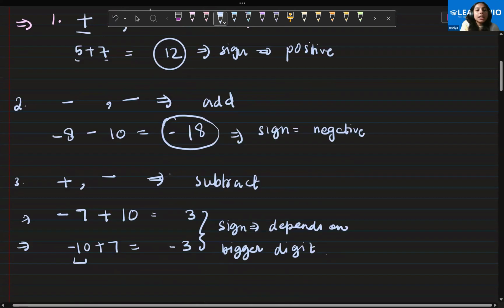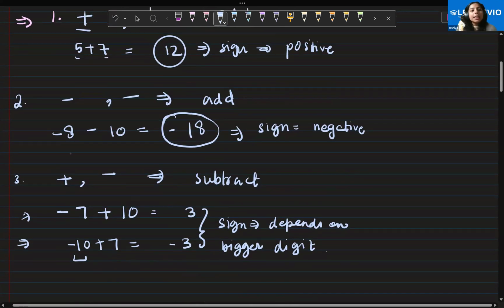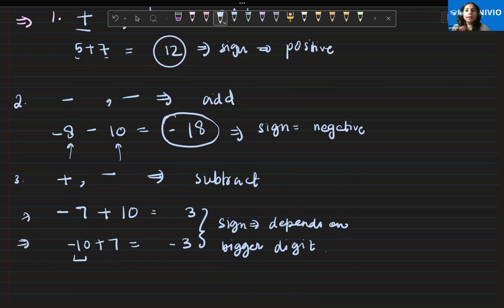Now let's say both the integers are negative. In this case, it's -8 and -10. So again, we will add. Whenever there are same signs, we add. Whether it's two positive signs or two negative signs, we add. Yes, it's like plus, plus, plus; minus, minus, minus; yes, I've done it in sixth grade.